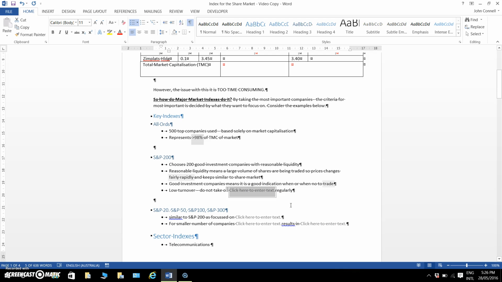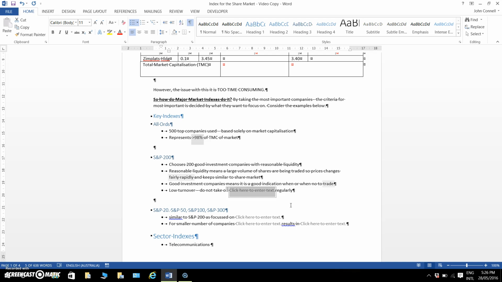So with these criteria of reasonable liquidity and good investment, sometimes companies take a downturn and no longer are a good investment, or no longer have reasonable liquidity, so they have to be dropped out of the index, and then they have to pick up another one that's better. So they'll always have 200 companies, but they might be picking up and dropping out.